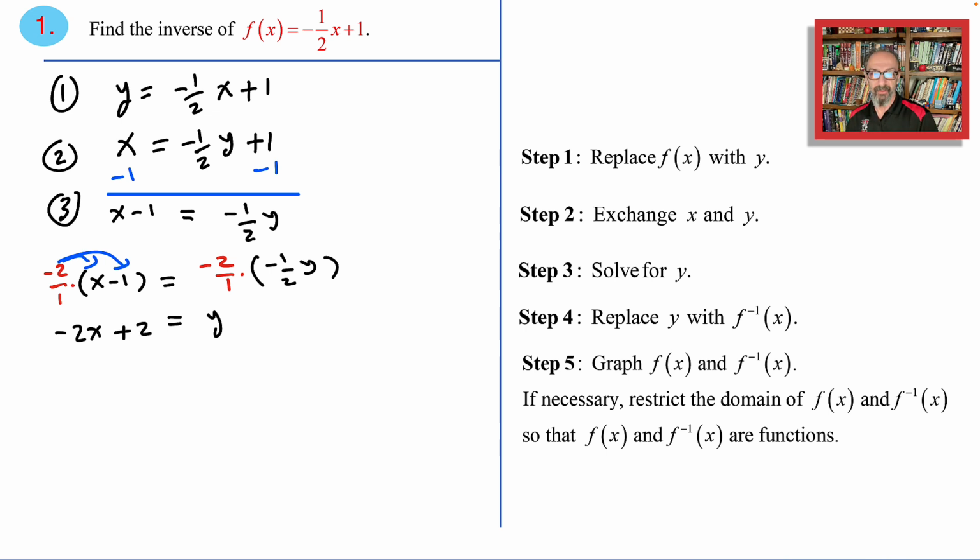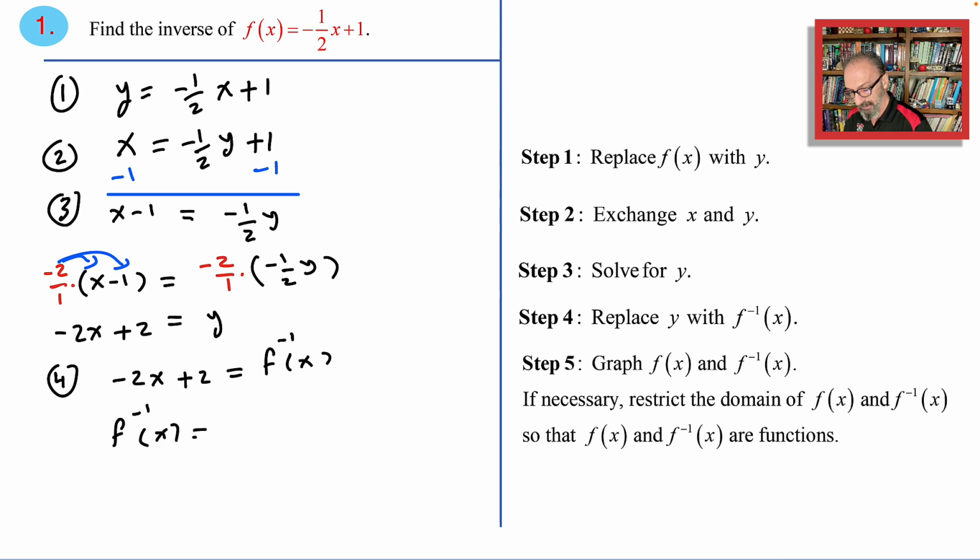That is step number 3. Step number 4, replace y with f inverse of x. So I have negative 2x plus 2 equals f inverse of x, or differently we say f inverse of x equals negative 2x plus 2.